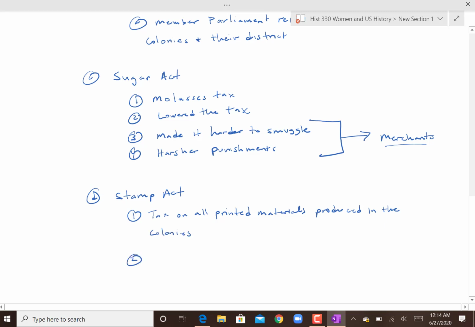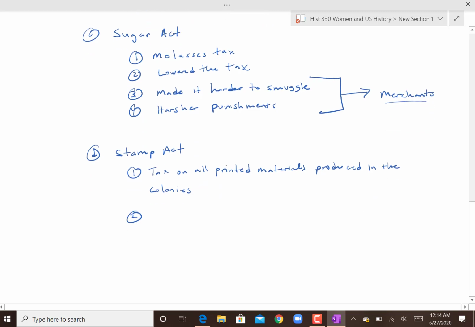So this includes a bunch of things. Let me say what it includes and then I'll explain how it looked. So this could be newspapers, stationery, a deck of cards, posters, books, right?